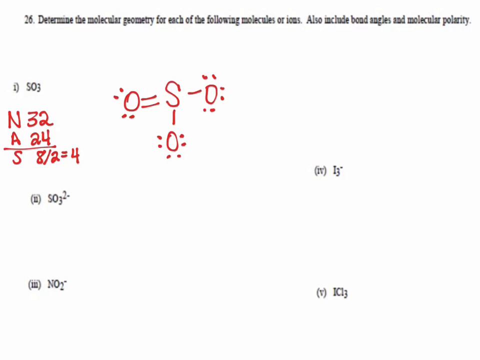My sheet says it wants to know the molecular geometry, the bond angle, and polarity. So what is the geometry on this? Pyramidal? There's no lone pair, so it's trigonal planar. While there is that one double bond, that double bond's going to be moving, so that makes it end up being nonpolar.